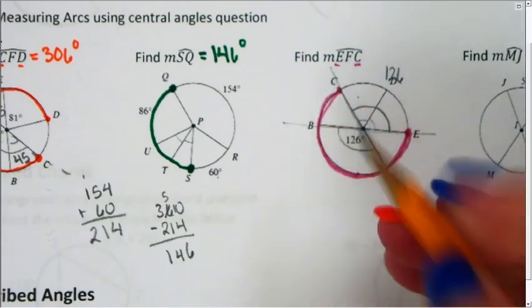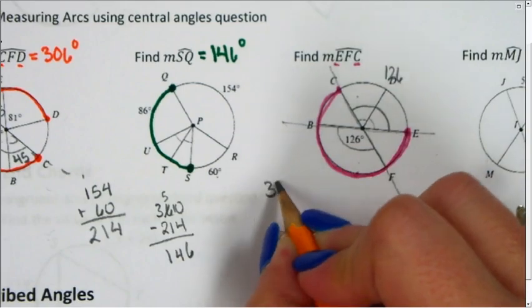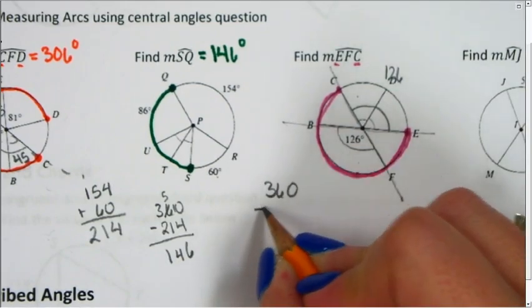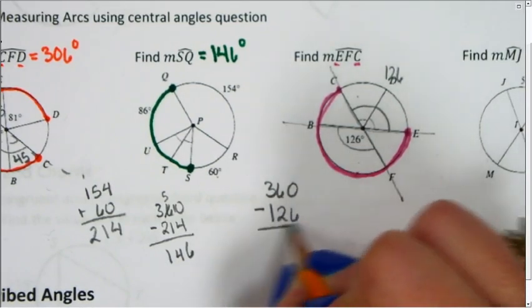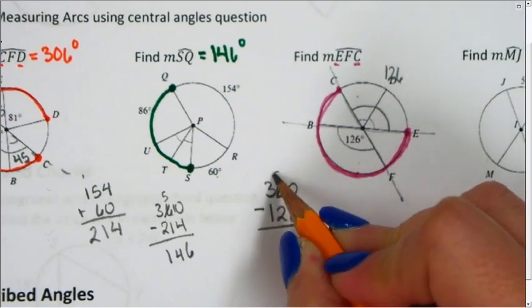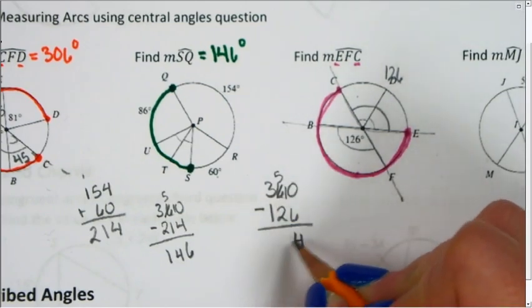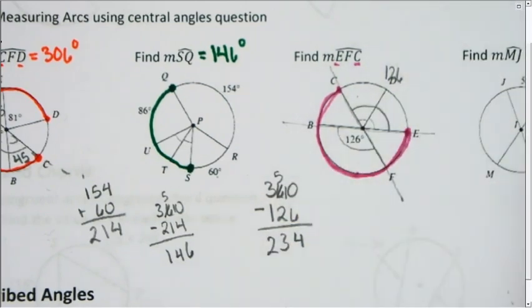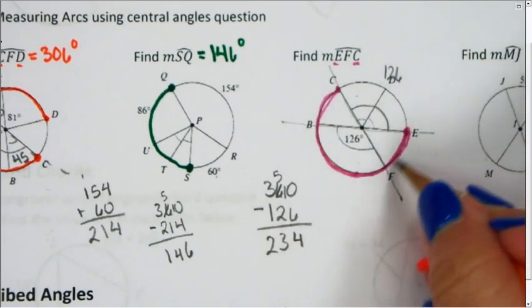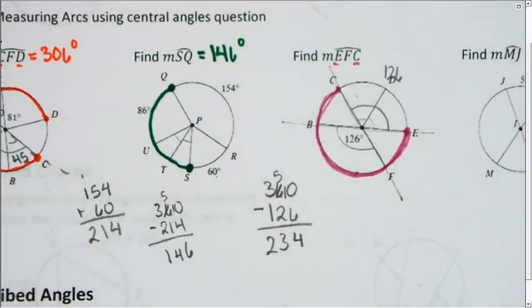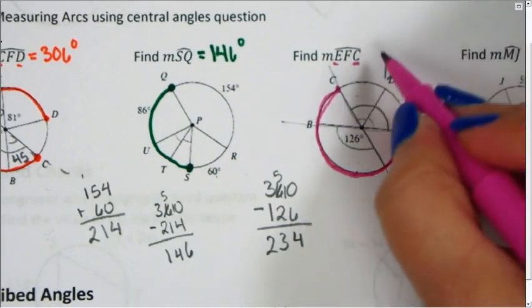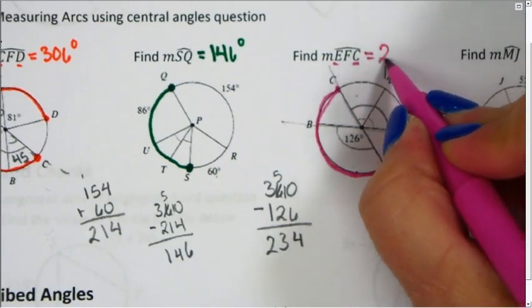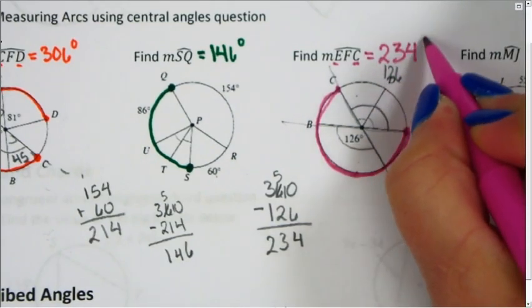I want the rest of it. So I'm going to take 360 degrees and subtract 126 degrees. That's going to leave me with 234 degrees that I do want. So the measure of arc EFC is 234 degrees.